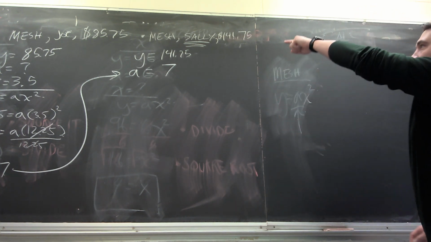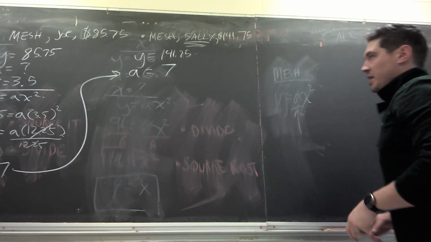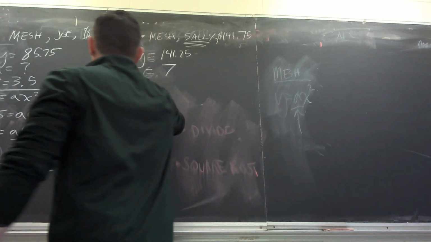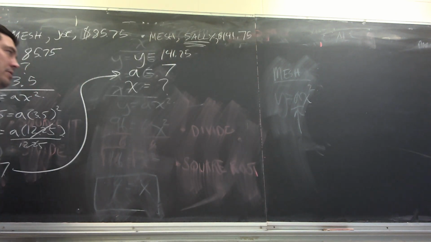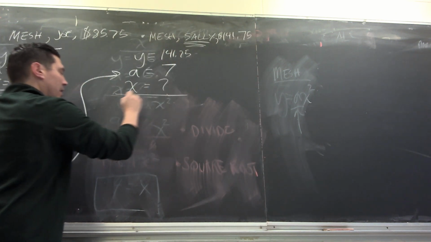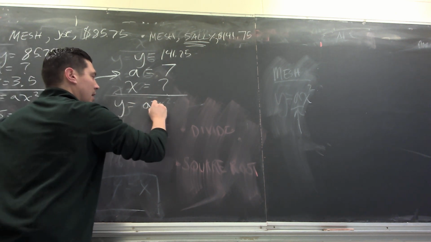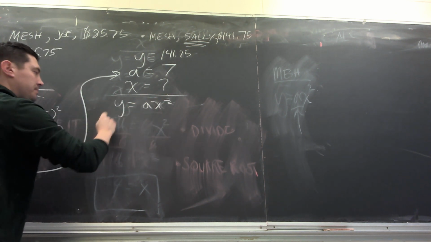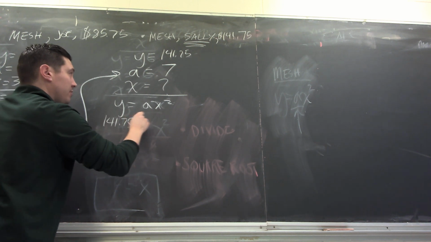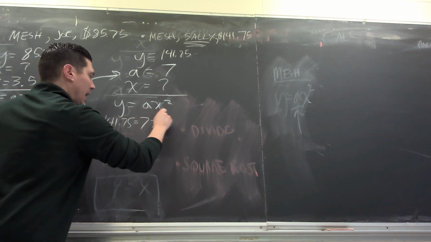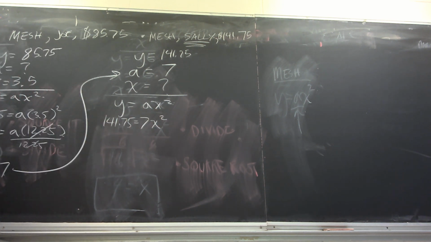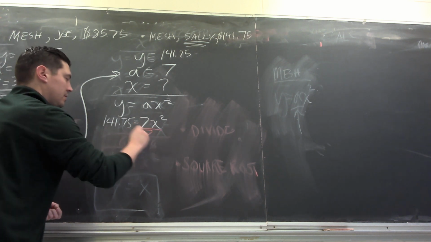All that to say, Sally, mesh, 147, A is 7, and X in this case is unknown. It's a new person, and I don't know the size of her pool. I'm still working with 141.75, 7, X squared. The only thing I don't know is X squared.